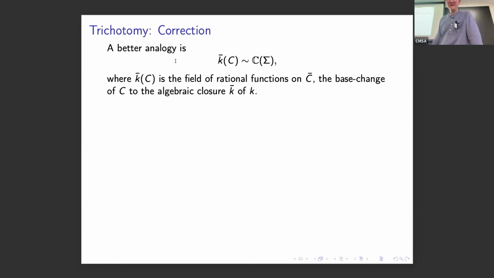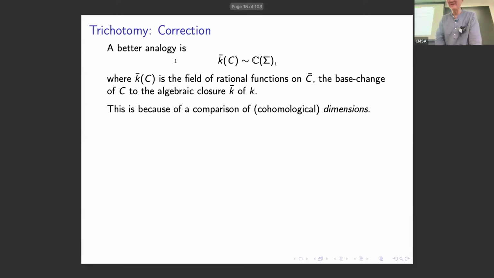This is better essentially for reasons of dimension. If you compare C and sigma, their cohomological dimensions don't match up. C has dimension 3, whereas sigma has dimension 2. That's the main difference. If you go to the algebraic closure, this gets fixed. So that's one superficial remark.